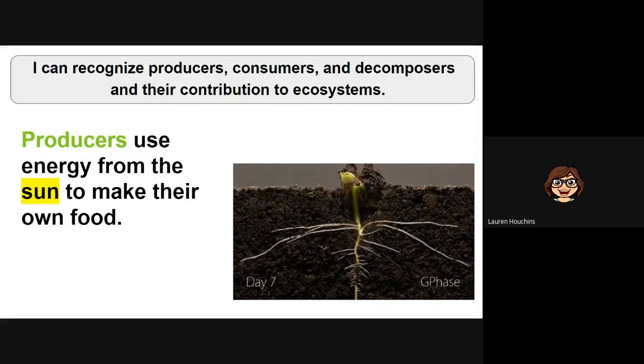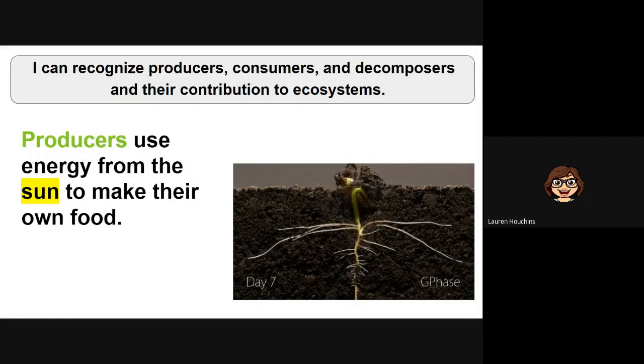They're the base of our pyramid. So producers are going to use the energy from that sun to make their own food. We know that process is called photosynthesis. And we know that producers, P, plant. Producers are plants. Producers use the energy from the sun to make their own food.